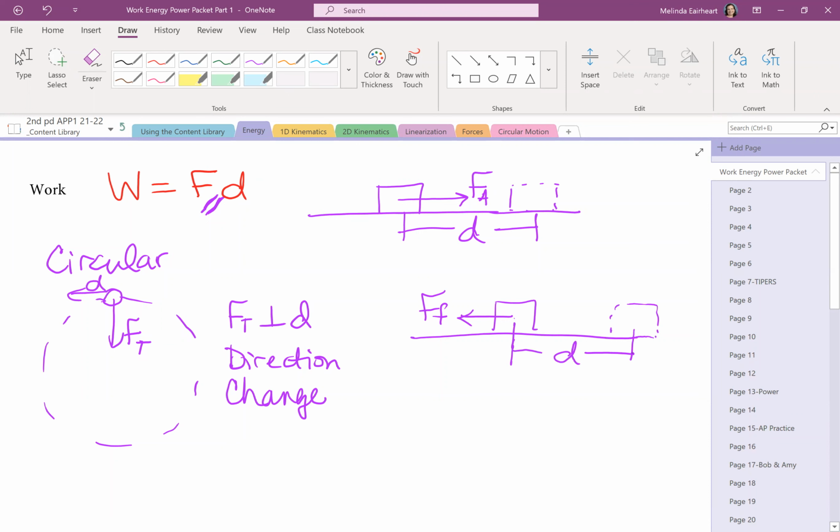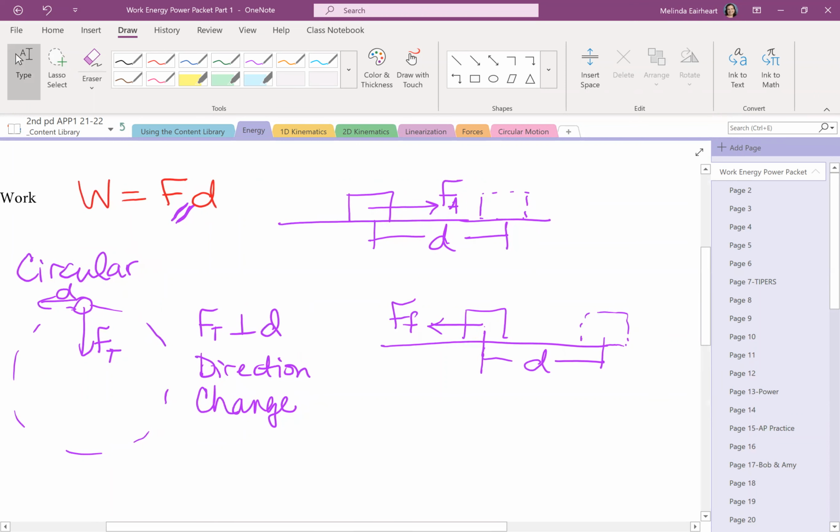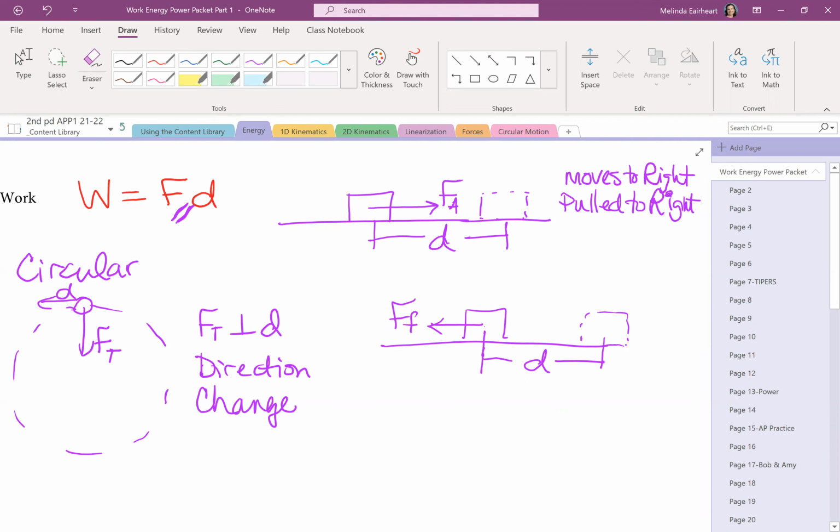What's the story behind example 1? It moves to the right. It's pulled or pushed to the right, right? Someone tell me more about the motion of the box in the top example.